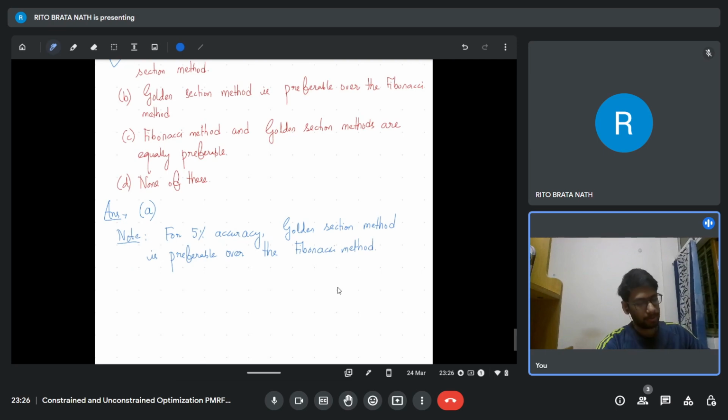So based on accuracies, the number of points that you require may vary, and this is one thing you have to keep in mind. Okay, so let me move on to the 9th and 10th problem.